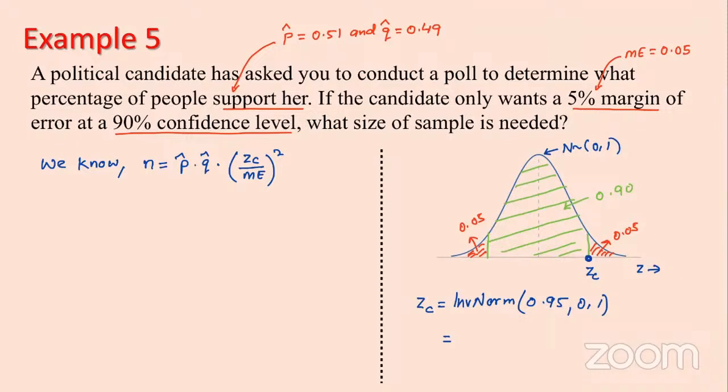Everybody type in your calculator, find the value of Z critical. 1.6449, that is correct. 1.6449. Make sure all of you type it and check it. I'll be waiting here for 30 more seconds.